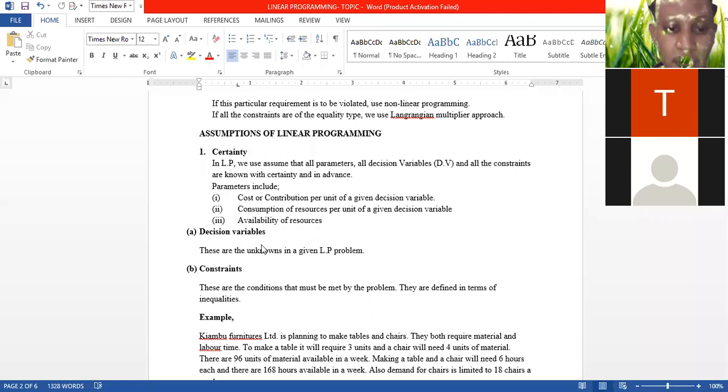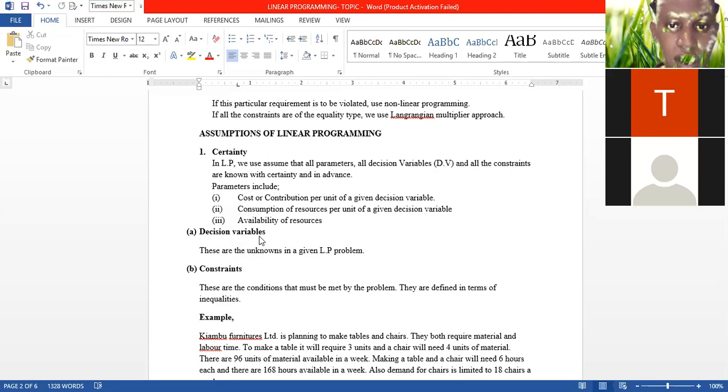So decision variables are the key items which you'll be asked to find in an exam or in a question. You may hear of how many units of a particular commodity, let's say Y, a particular person should produce in order to maximize the benefit. Those units are what we don't know at the moment, and that is what we are solving, so we call them the decision variables.